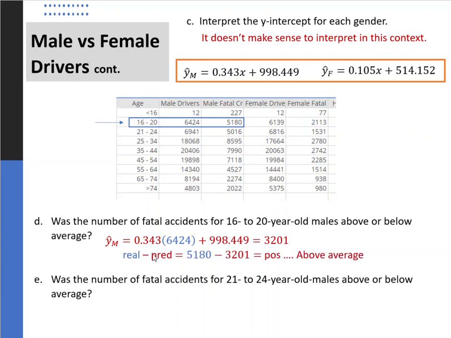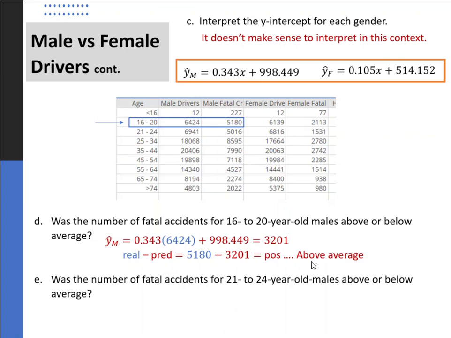We're going to take the real value minus our predicted value. The real number of fatalities for the 16 to 20-year-olds was 5,180. We predicted, based on 6,400 drivers, that there would be approximately 3,200 fatalities. So our observed data gives us a positive value, so we would say that it is above average.